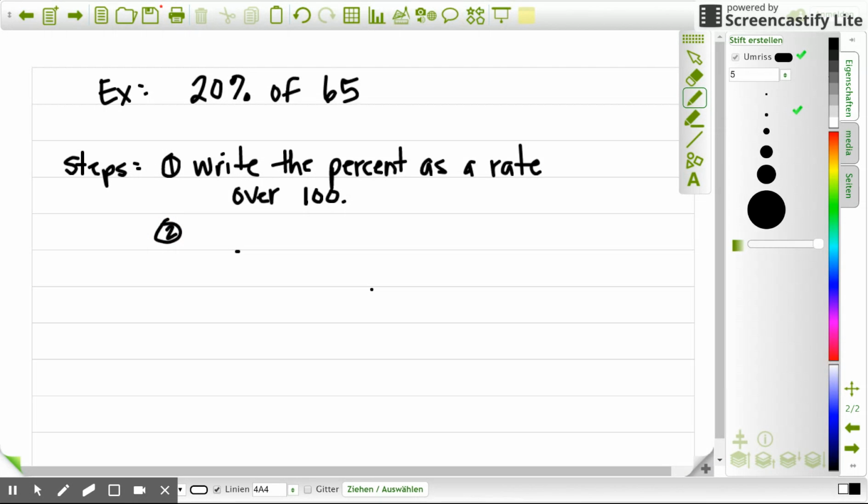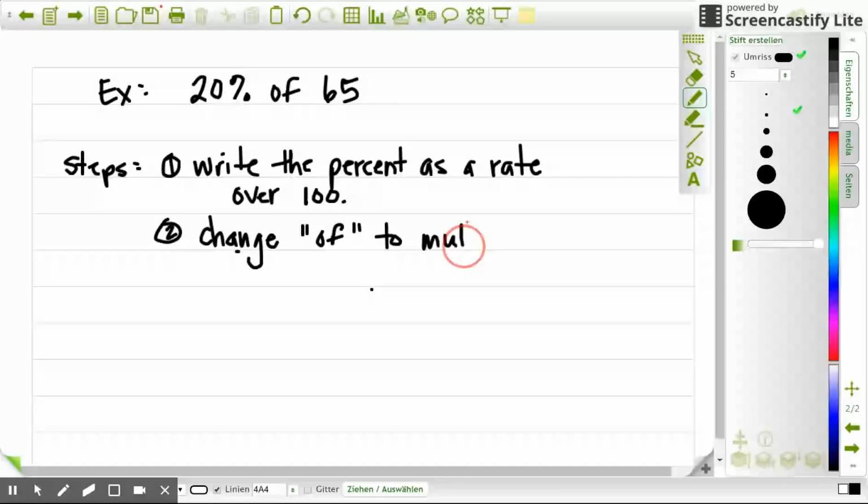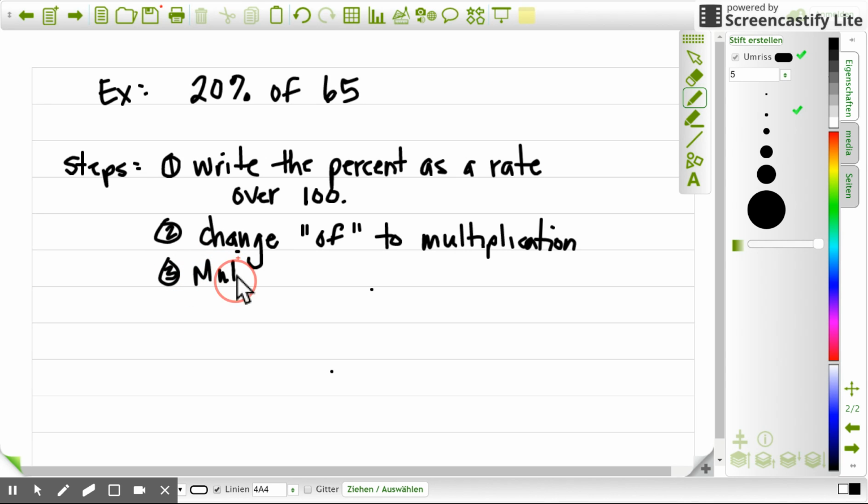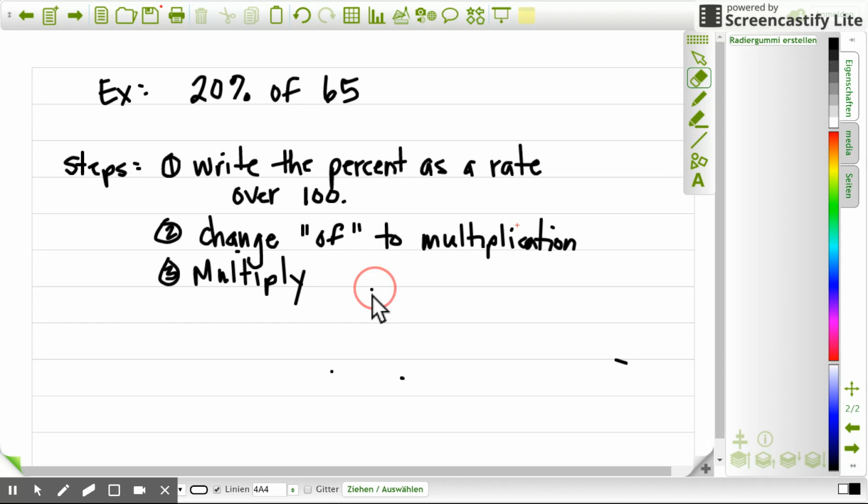Second step is to change the word of to a multiplication sign. And the third step would just be to multiply. So you have to remember how to multiply fractions for these problems. So if you don't remember, you're going to have to go back to your notes on multiplying fractions, which is why it's a really good thing that we keep a notebook, because we should still have our notes with us.